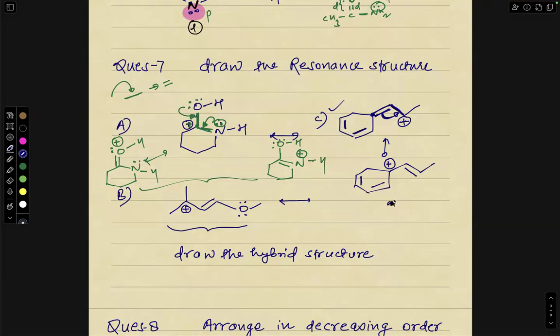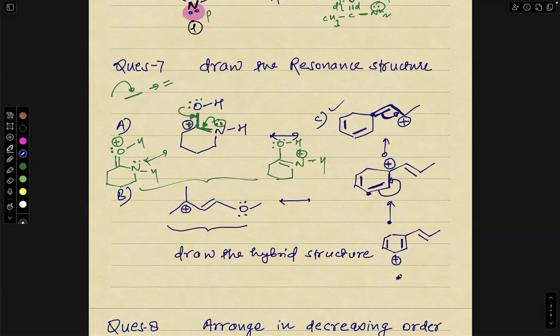Now second. Now this positive charge is in resonance with this pi bond, and now it will shift like that. As a result of it, you can see this single bond would become double. This carbon has the tail of the arrow, so positive, and this double bond would remain the same.